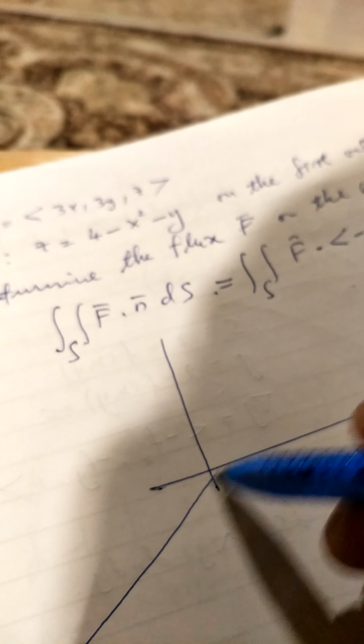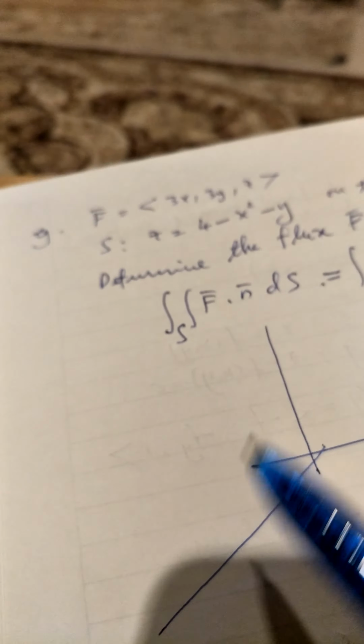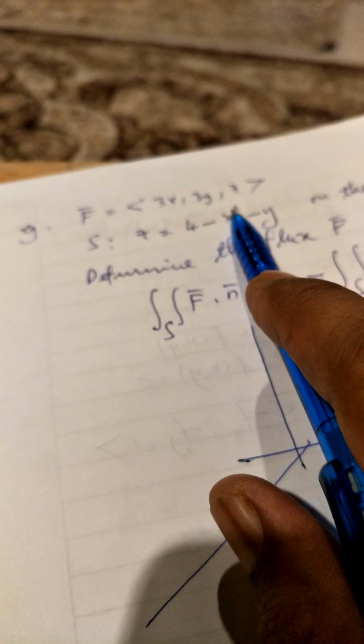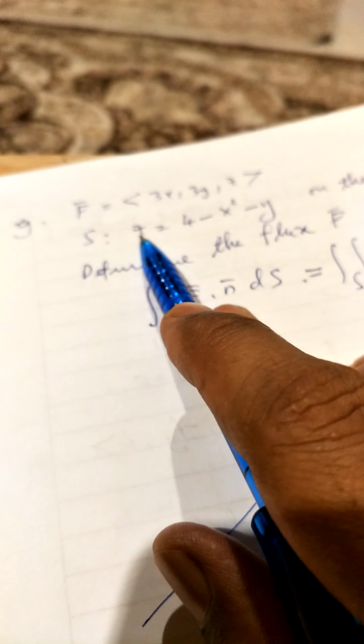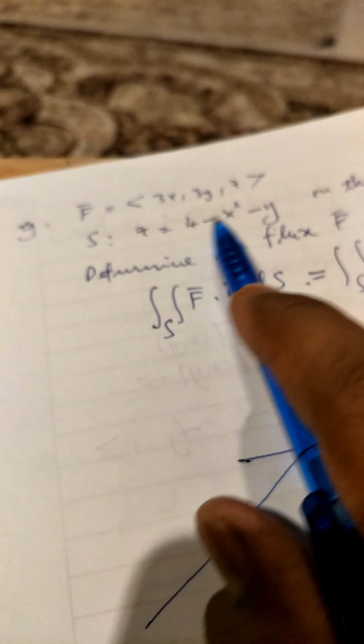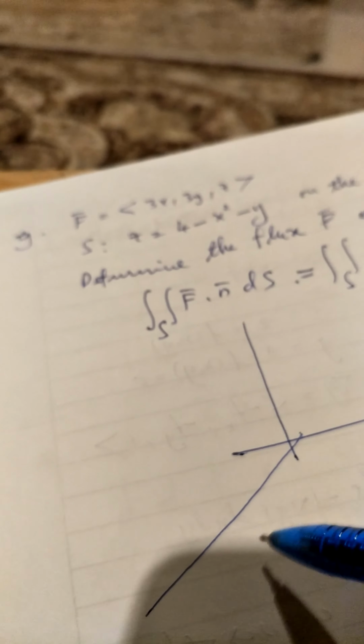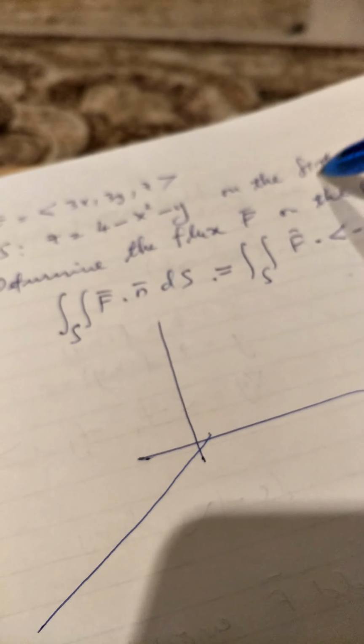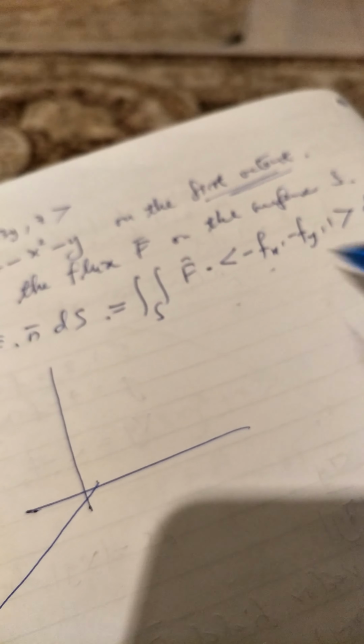On the x-axis, z and y are 0, so x is plus or minus 2. We can ignore the minus because we consider only the first octant here, so just take the positive value.